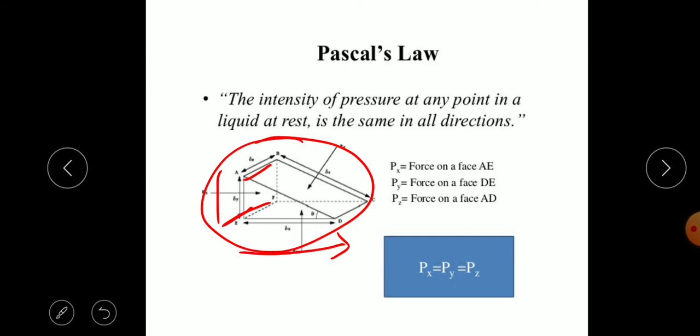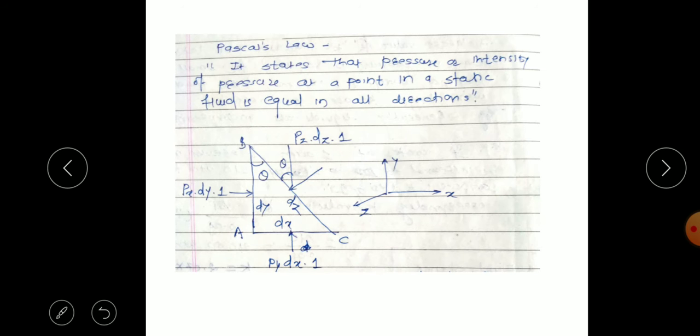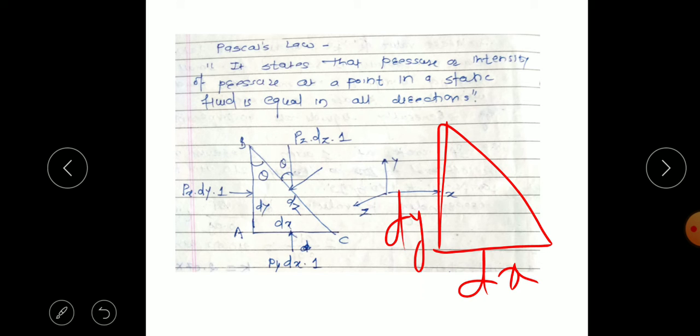We have considered the unit width of the fluid element, meaning the width perpendicular to the paper is 1 unit. So this wedge shape becomes a triangle. This length is dx along the x direction, this is dy, and this becomes dz. The width of the element perpendicular to the paper is 1.